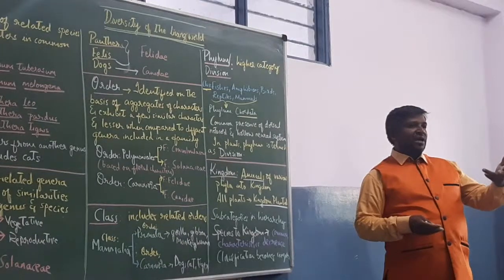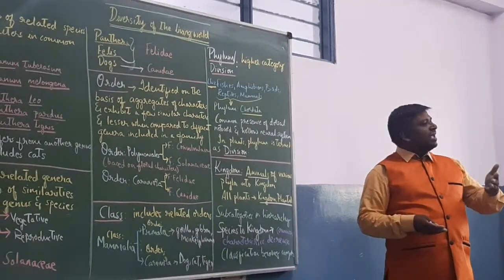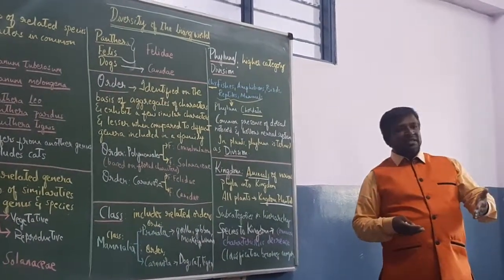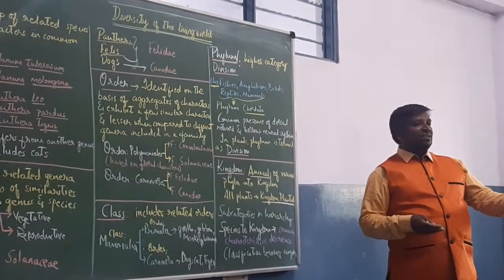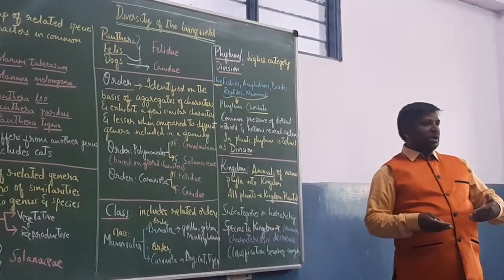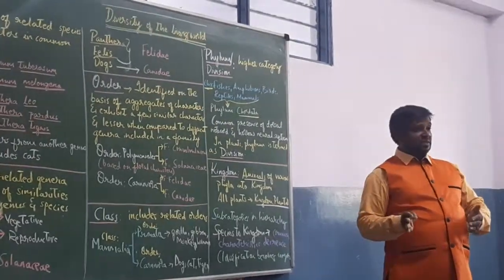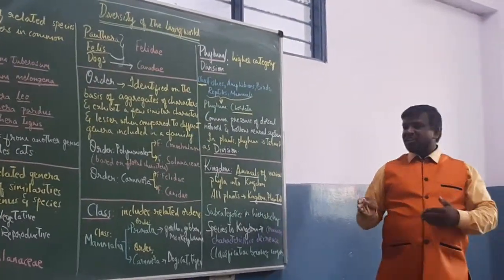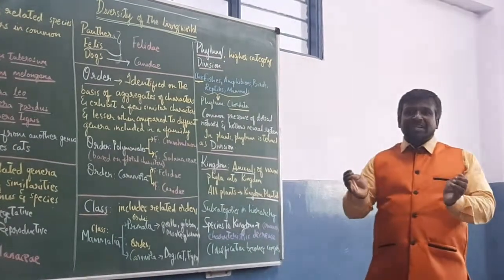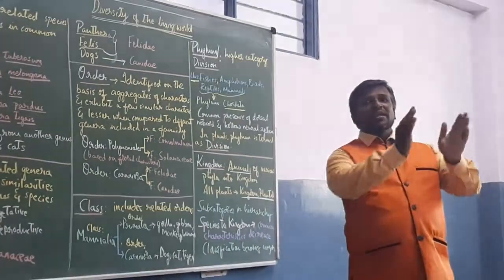Phylum Porifera, phylum Coelenterata, phylum Aschelminthes, phylum Platyhelminthes, phylum Annelida, phylum Arthropoda, phylum Mollusca, phylum Echinodermata. You will be studying all those in regular classes, very interesting topics. So all these interrelated phyla are placed under kingdom Animalia.